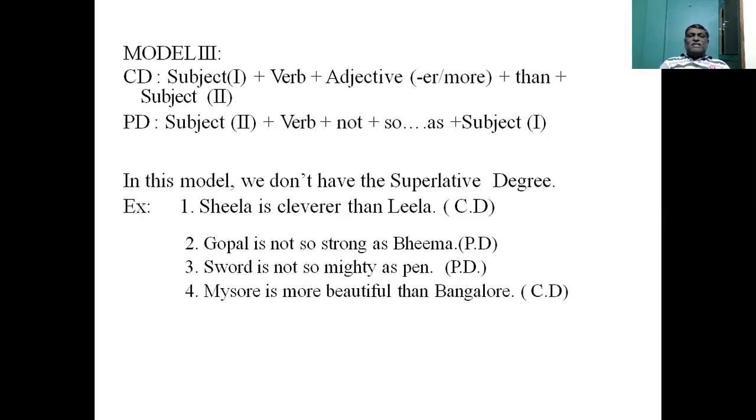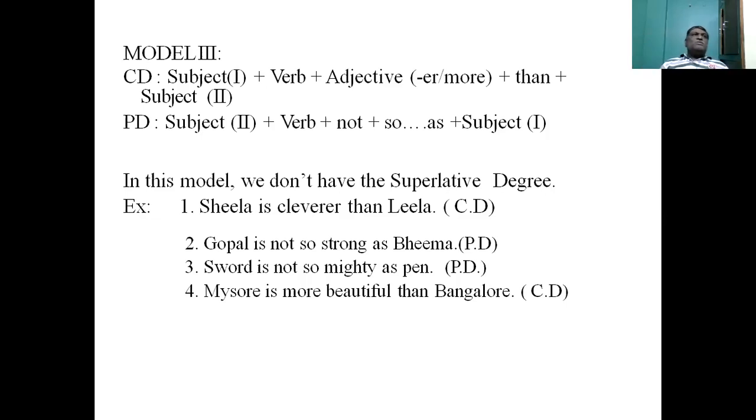Okay, now let us see one more sentence. Mysore is more beautiful than Bangalore. Then Bangalore is not as beautiful as Mysore. So when you have a comparative degree, you change that into positive degree. When you say Sheila is cleverer than Leela, you are saying these two are not equal in comparison. That's why it is called unequal comparison. We can see equal comparison also. Suppose you said Sheila is as clever as Leela. It means both of them are the same.